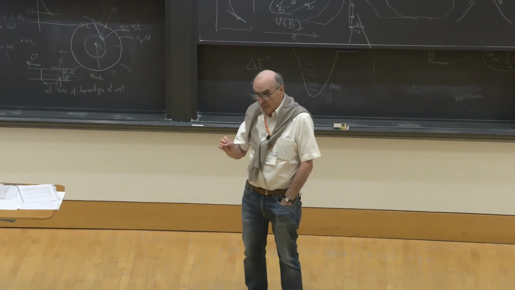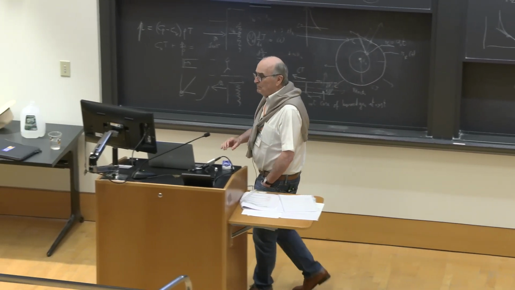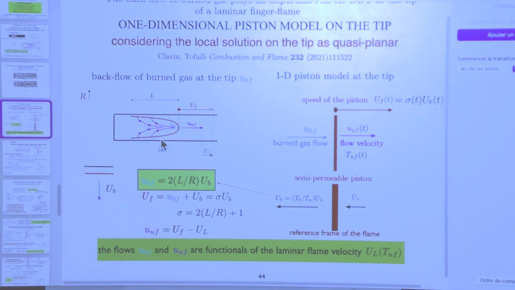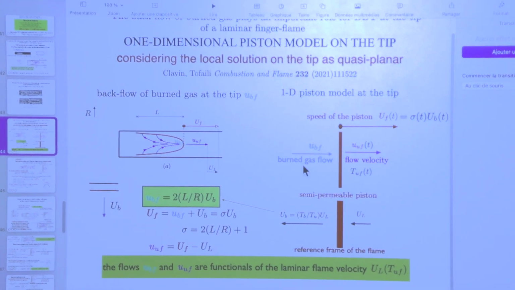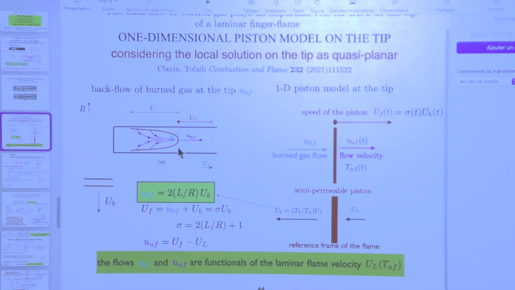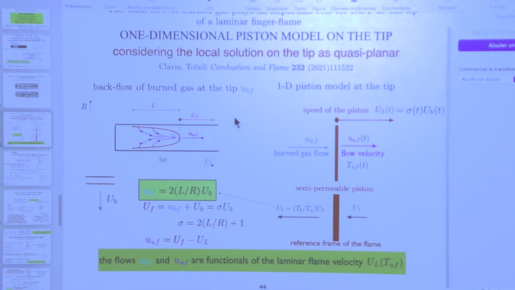This is essential to understand the phenomena. It is because the flame is pushed from behind by this backflow here that you have a speed, capital UF, of this tip that can be very large.